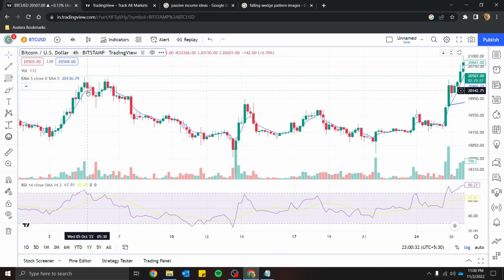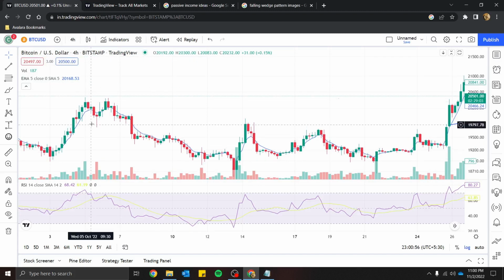It doesn't matter if it touches the 5 EMA or not, it just needs to cross our first candle's low. As soon as we cross the first candle's low, we will take the trade. We will enter the trade at this point and exit the trade when we cross the 5 EMA, or when our risk to reward ratio is a minimum of 1 to 3.